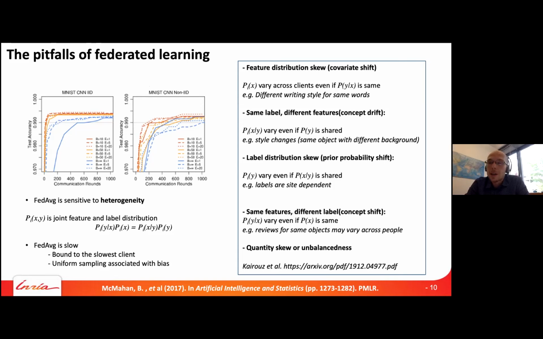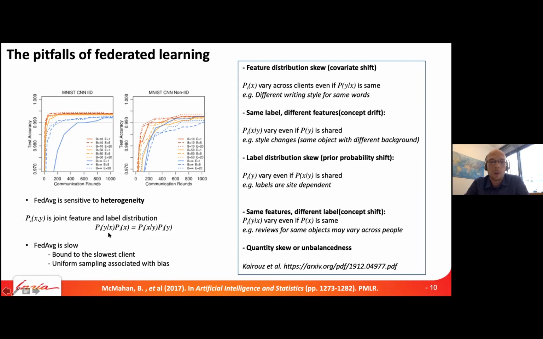And the heterogeneity can be due to a number of different problems. I found a very nice description of heterogeneity in a recent paper, still on arXiv, which is a review from most of the prominent people in federated learning. They say, let's assume that we have this joint distribution of features and labels, indexed with i for every client.